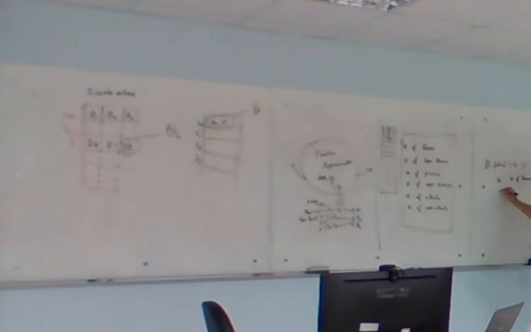So W1 times the number of white queens, W2 times the number of opposing queens, plus W3 times the number of pieces that you have, plus W4 times the number of opponent pieces.